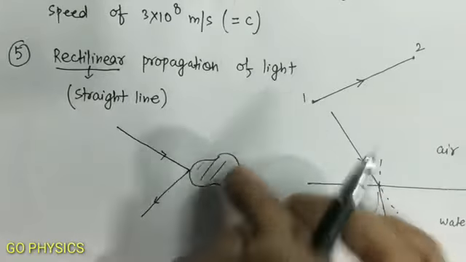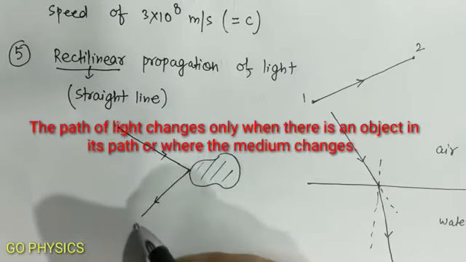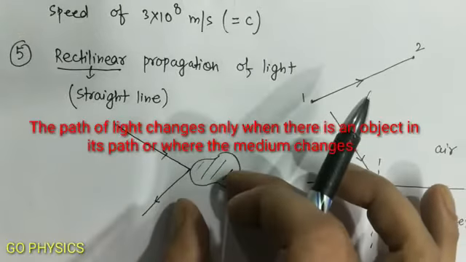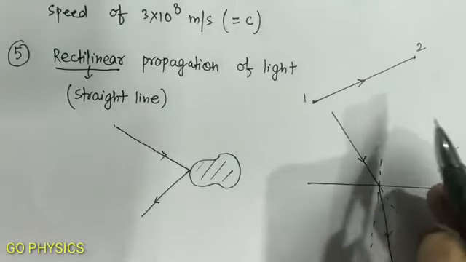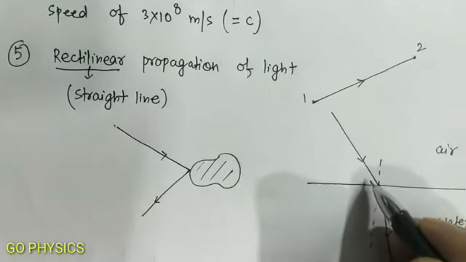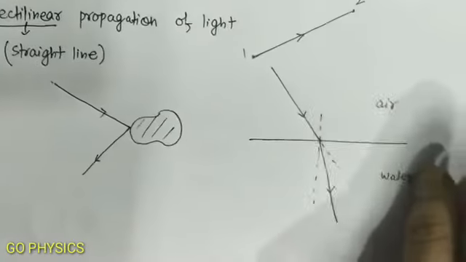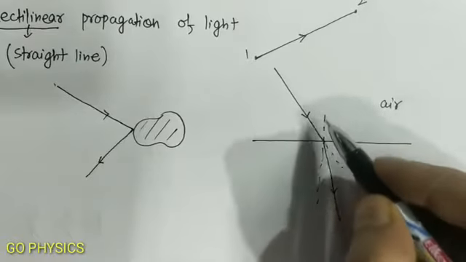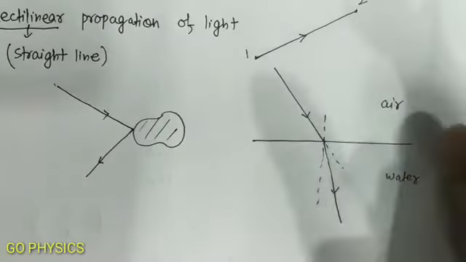Let us suppose this is an object and light is coming in this direction. So the direction of light will change when an object comes in the path of light, or the direction of propagation of light will change when the medium changes. Medium here is air, medium here is water. So when the medium changes, the direction of propagation of light will change.